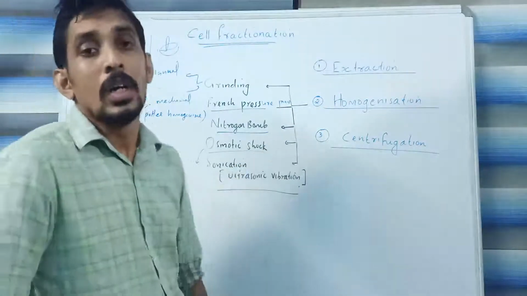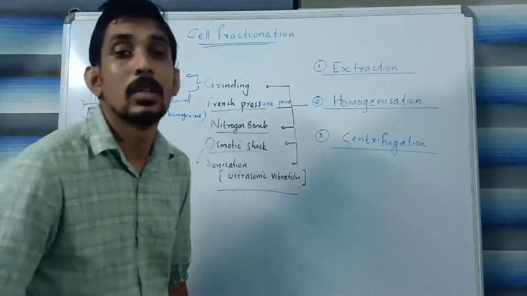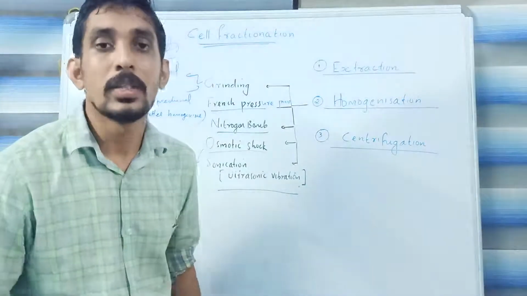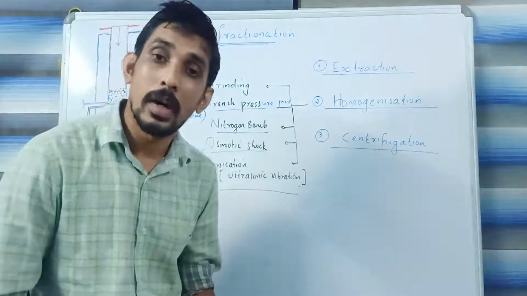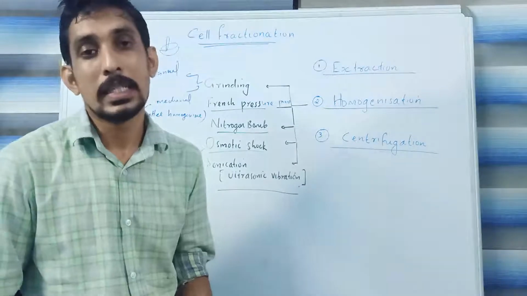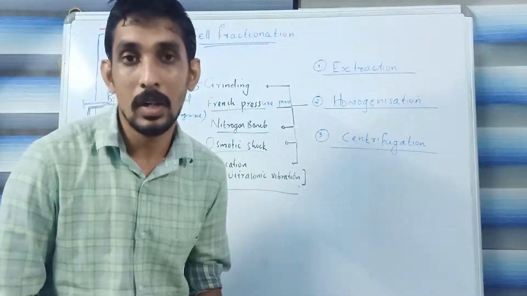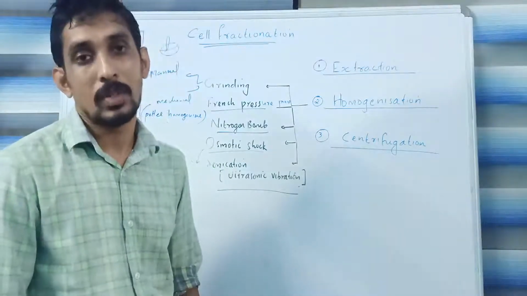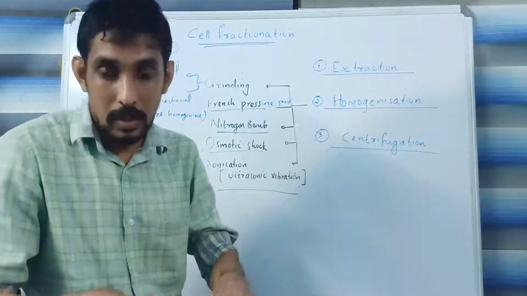In centrifugation, particles are sedimented by using centrifugal force, and the rate of centrifugation is determined by the size of the particle, shape of the particle, density of the particle, velocity or speed of rotation, and the medium in which they are suspended.